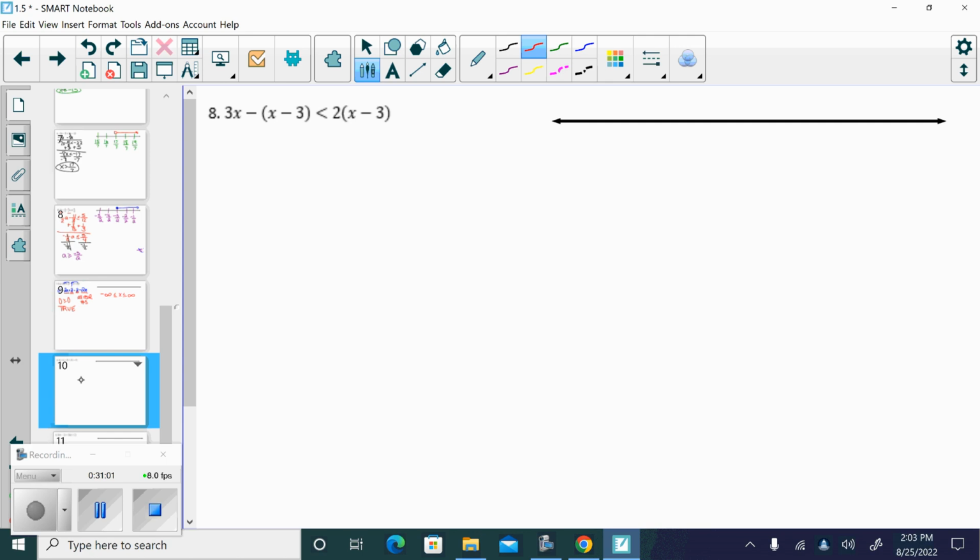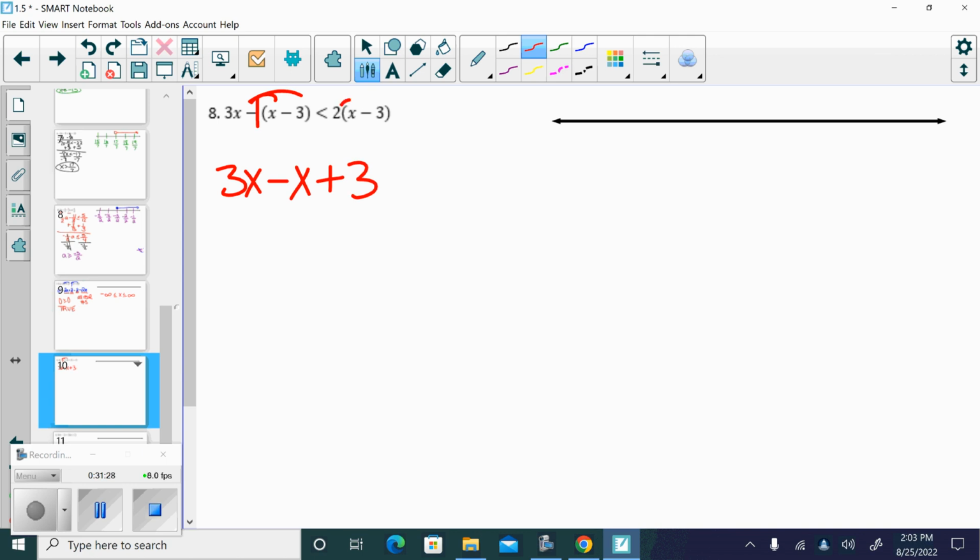All right, number 8. So remember, there's an assumed 1 out front. So once again, I need to distribute. So I have 3x minus x. What's the sign of my 3 going to be? Positive, because I have a negative times a negative. That's a 1. It's an assumed 1 out front. Okay?